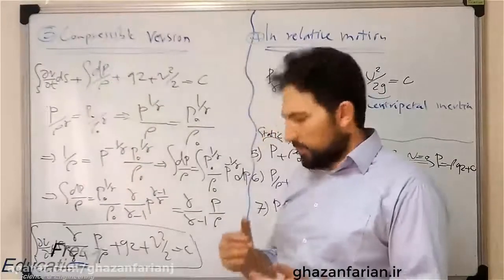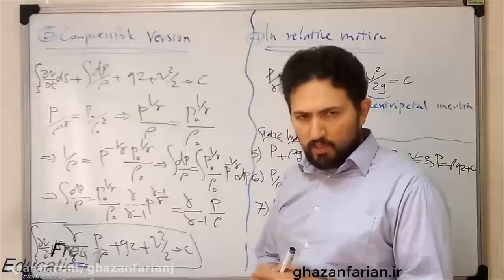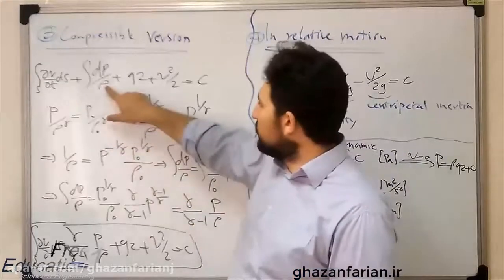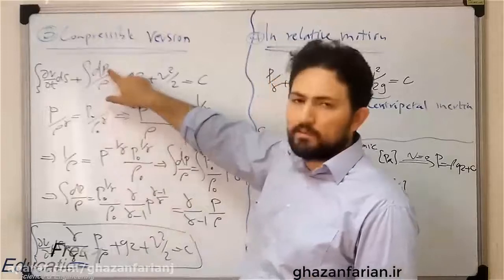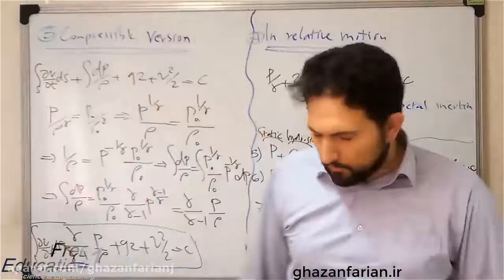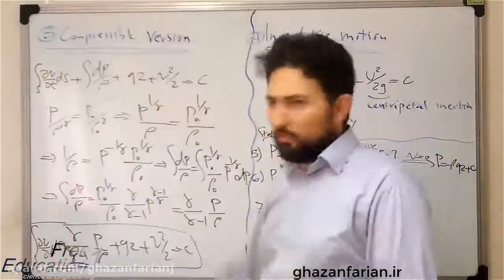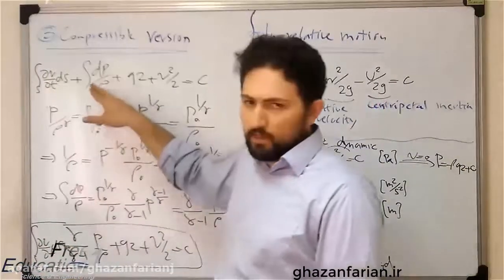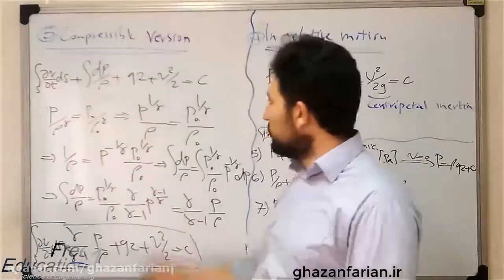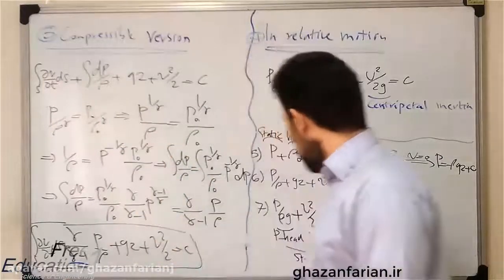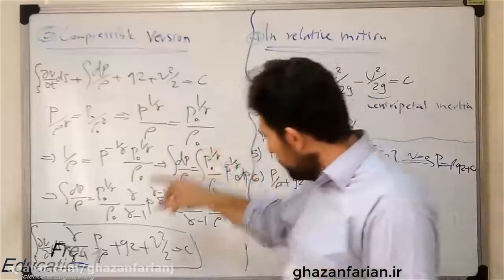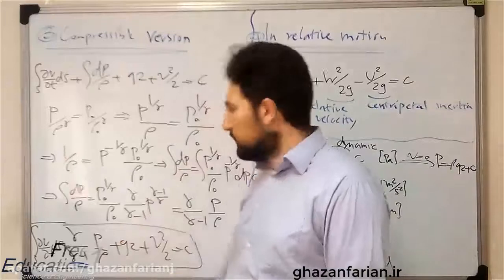So when you are going to compute the integral, it's important to know the dependency of the density and the pressure. The density is a function of pressure. If the flow is incompressible, density is not a function of pressure, so you can reduce this integral to the well-known Bernoulli's equation, which has P over density in the equation.